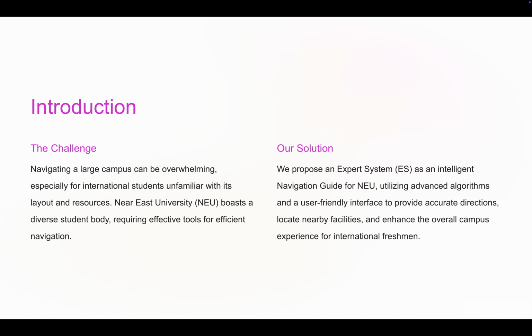So that's why we decided to create an expert system that can help them find the way. This is the solution that we decided to do, and we are going to see how we are supposed to make that expert system.